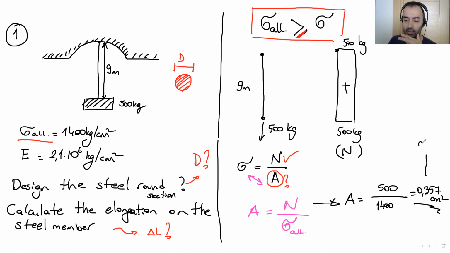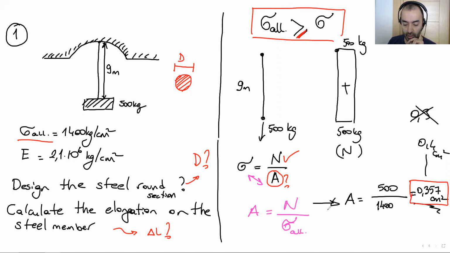Let's assume 0.4 centimeters square, greater than this one, not less. You can't say, let's use 0.3. If you check the stress again, you will see the stress will be greater than the allowable stress. In real life design, we round up these areas. But here we don't need to do any roundup. This is my required area.